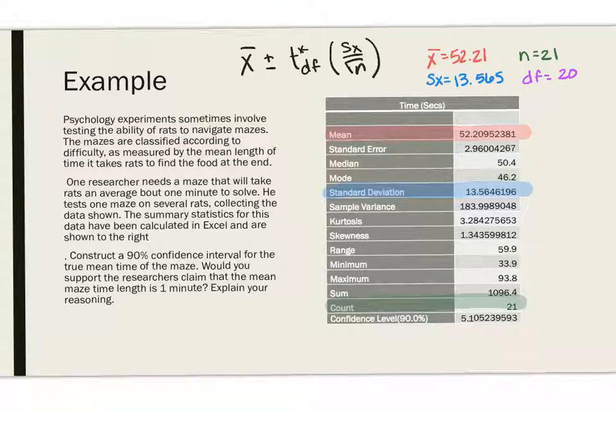I'm going to write this out, and I need to go find t star first. So t star at 20 degrees. In a calculator, that's going to be, for 90%, so that's 0.95 in the upper tail, inverse T of 0.95, and our degrees of freedom are 20. And I get a t star of 1.7247.